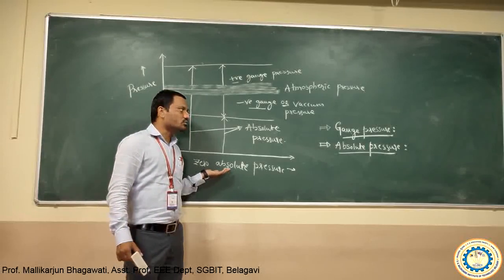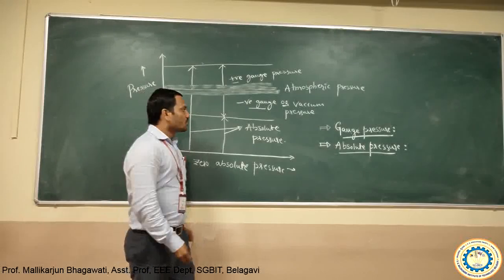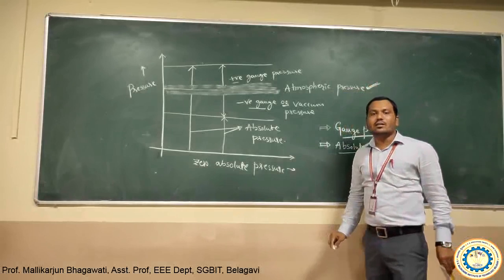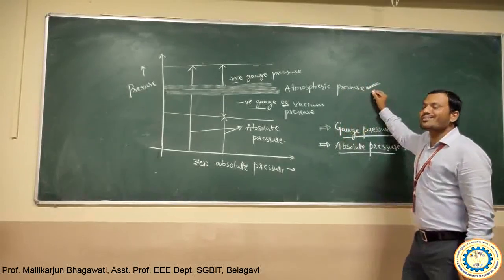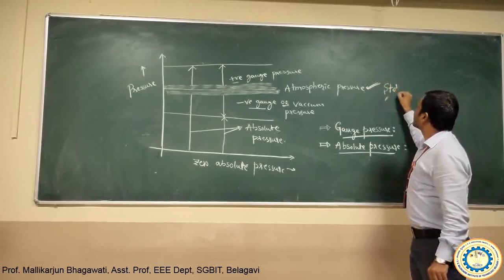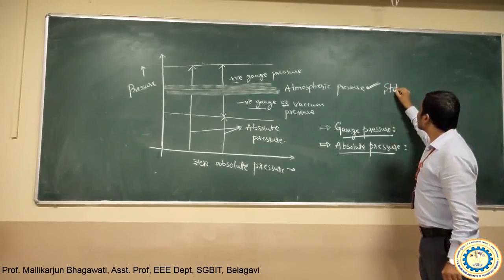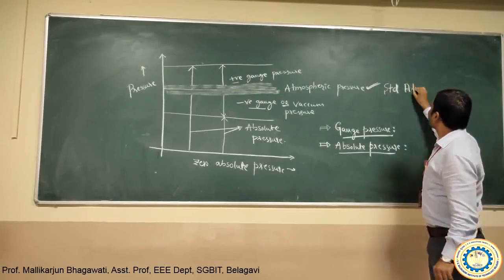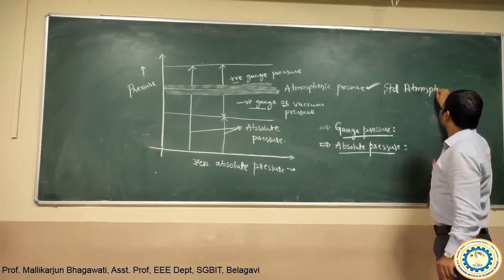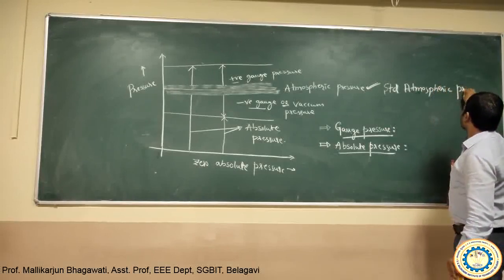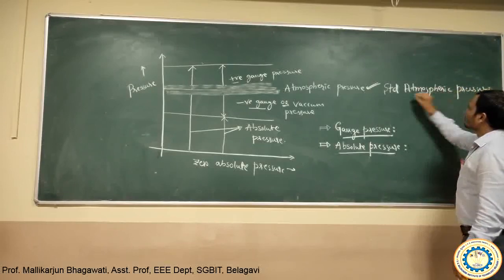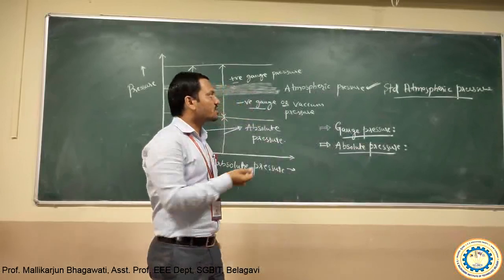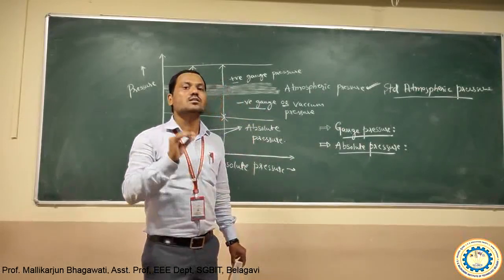Usually the normal atmospheric pressure on the surface is called the standard atmospheric pressure at sea level.